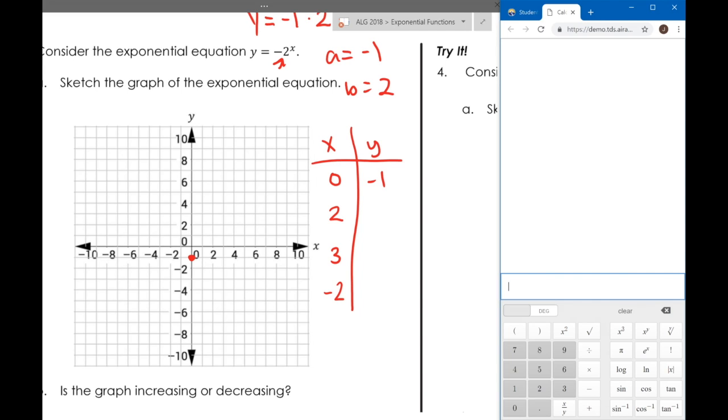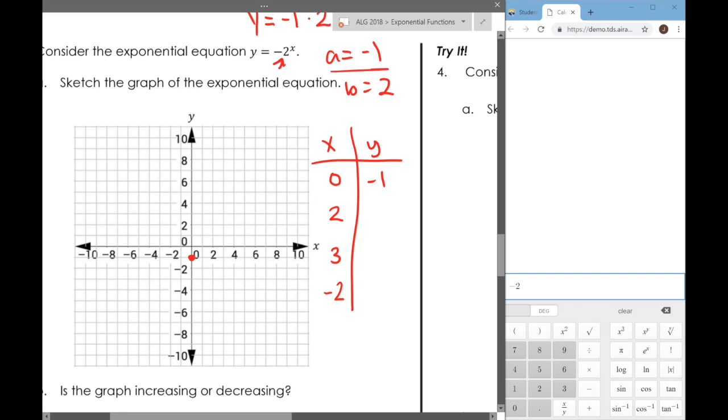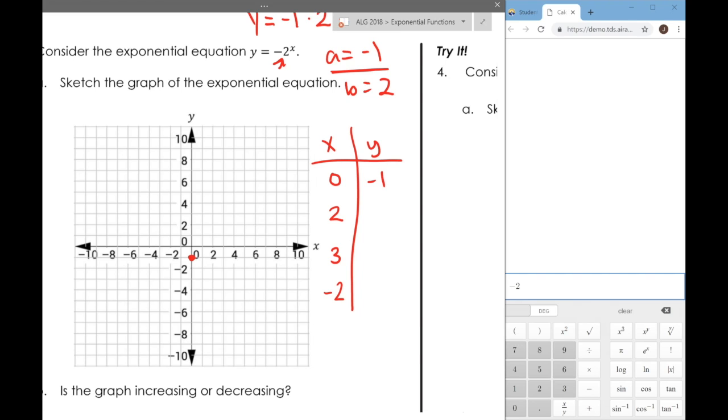All right, so I'm going to use my calculator on the right hand side. So we're going to input this as -2^x. Okay, and the reason I'm not doing parentheses over this one is because the parentheses is not going to include the timesing the -1. So remember, a is -1 right here. So you're going to leave it with no parentheses. So continue to do that in these problems.